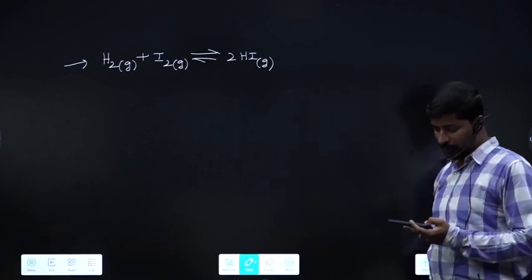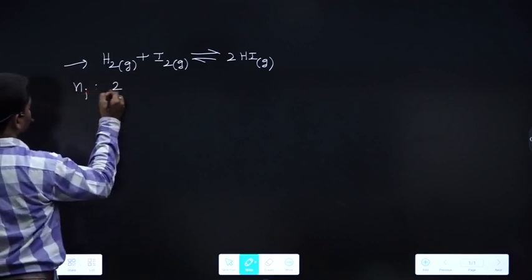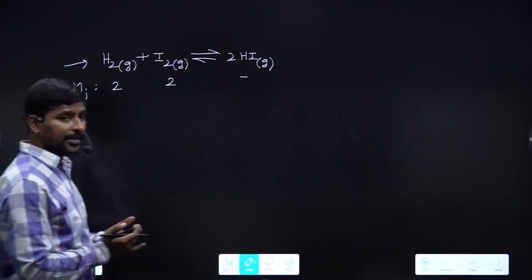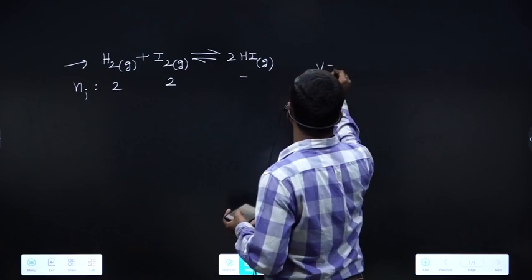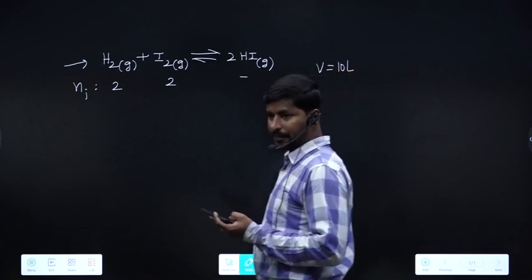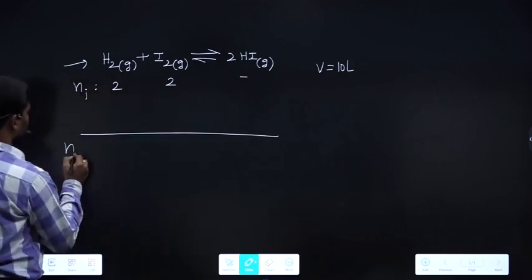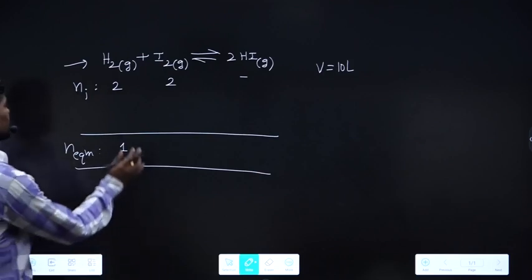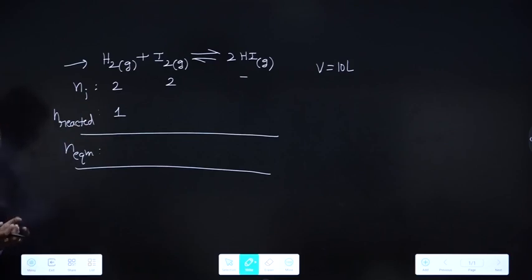The reaction is started with 2 moles of each, H2 and I2, in a 10 liter container. 1 mole of H2 is found to have reacted at equilibrium. Calculate Kc.